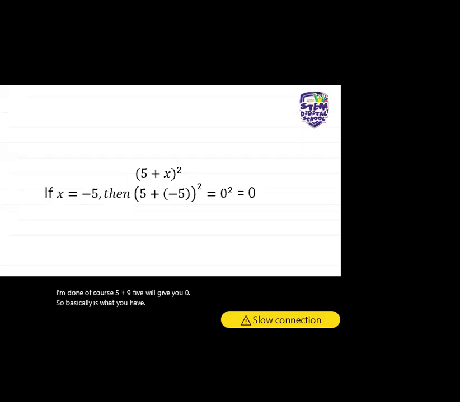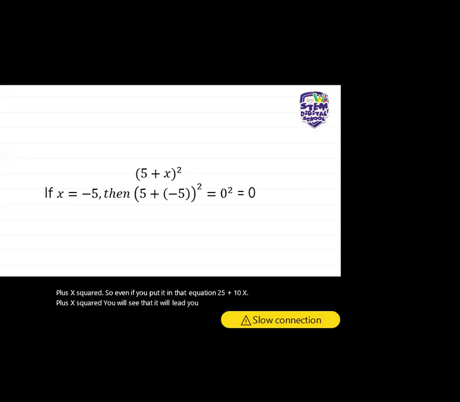And then, even if you put it in that equation, you remember, I think Tinashe was the one who got the correct expression, which was 25 plus 10x, and then plus x squared. So even if you put it in that equation, 25 plus 10x plus x squared, you'll see that it will lead you to 0.